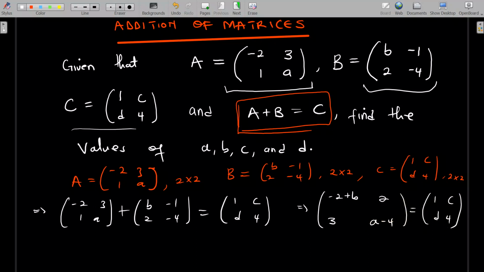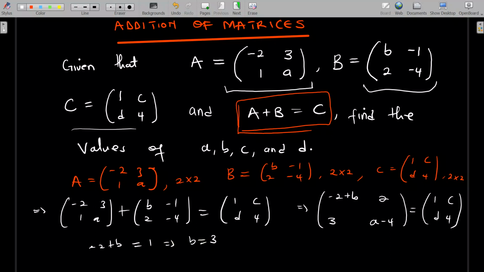Saying that this is equal to that means I'm going to equate the corresponding entries. Negative 2 plus B should be equal to 1, meaning that B should be equal to 3.